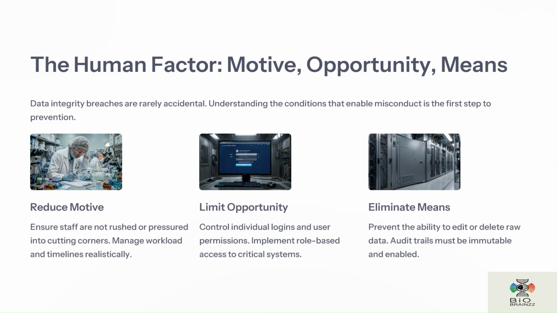The third is means. If users can modify or delete data without proper controls, the risk of manipulation increases. To prevent these issues, organizations should manage workloads realistically, implement strong access controls, and maintain secure audit trails. Preventing misconduct is always easier than correcting its consequences.